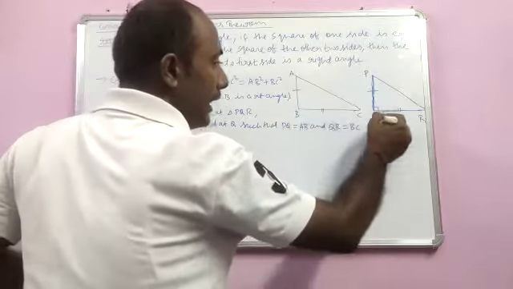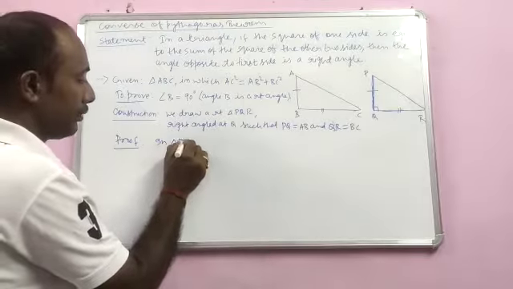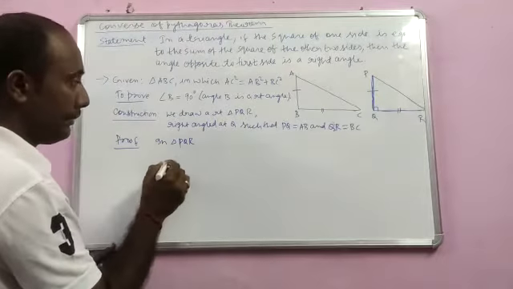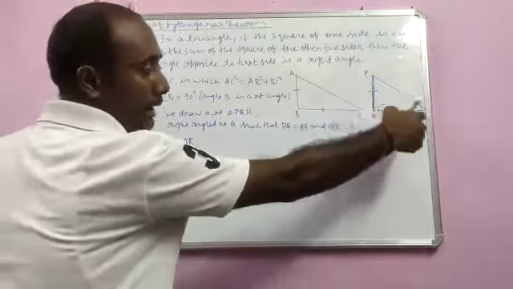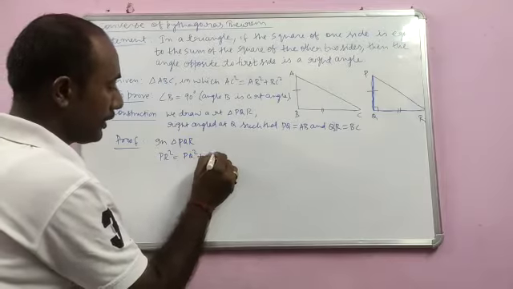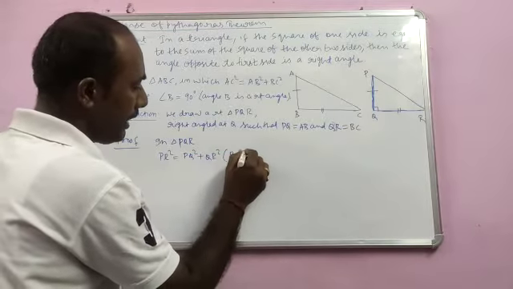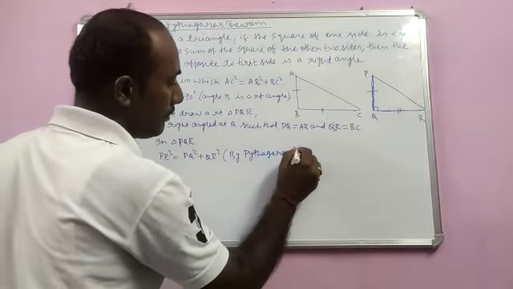Now this one is a right angle triangle, so we can use Pythagoras theorem in triangle PQR. So we can write in triangle PQR, PR square, which is hypotenuse here for triangle PQR, is equal to PQ square plus QR square by Pythagoras theorem.